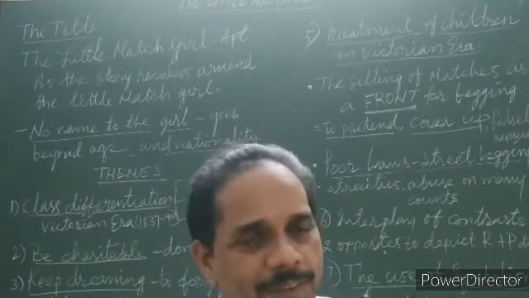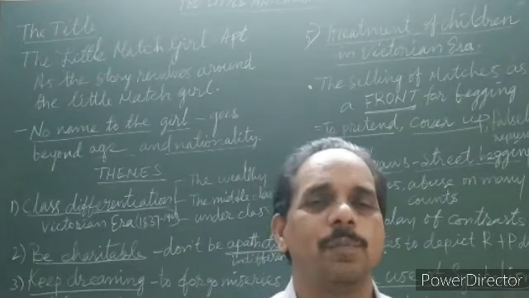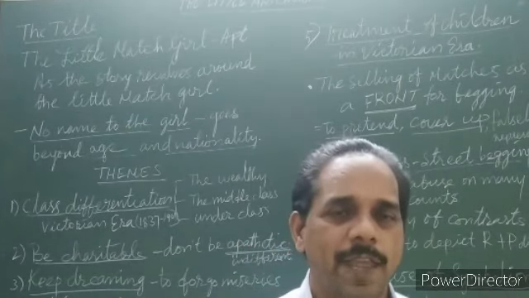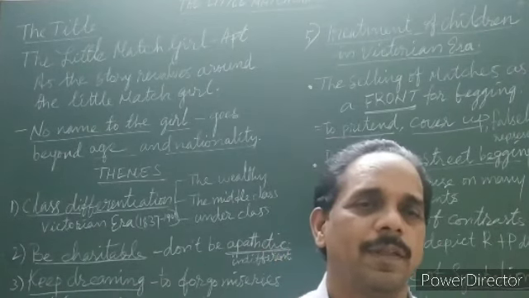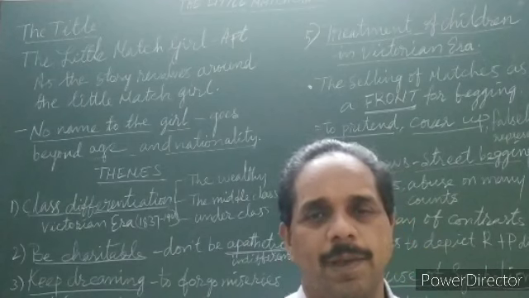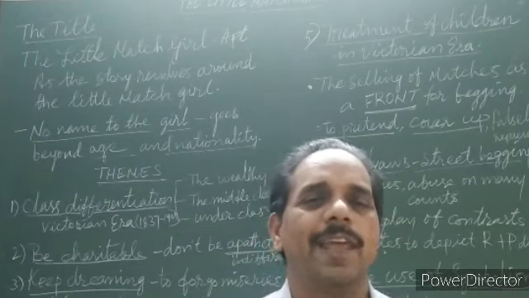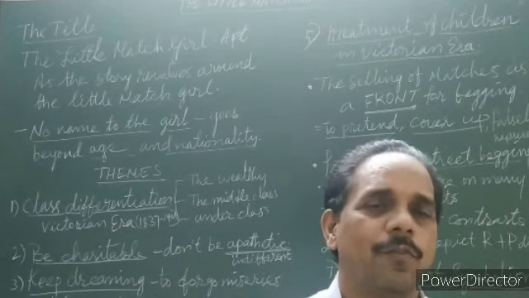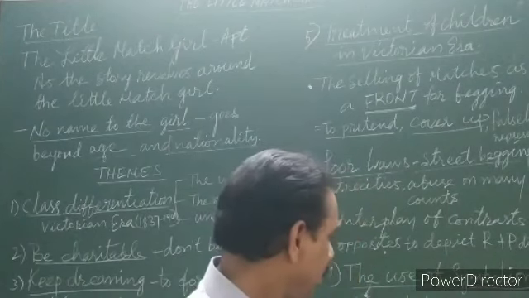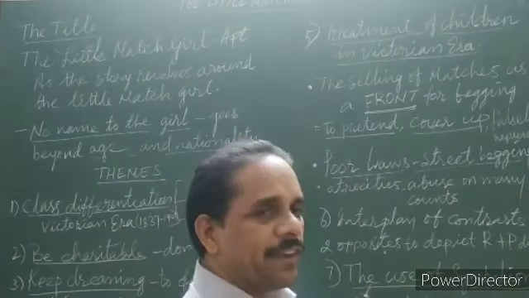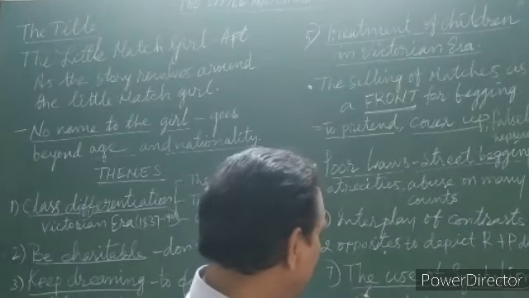Matches and the striking of matches, it has a symbolic meaning. So striking of matches, the symbolism used is light. And also getting rid of isolation, loneliness. Iron stove, last day we have seen, iron stove is symbol of warmth.